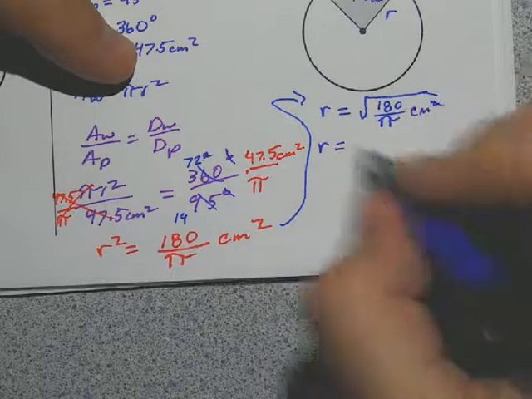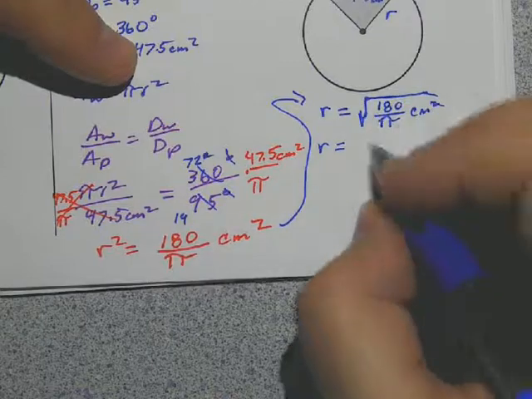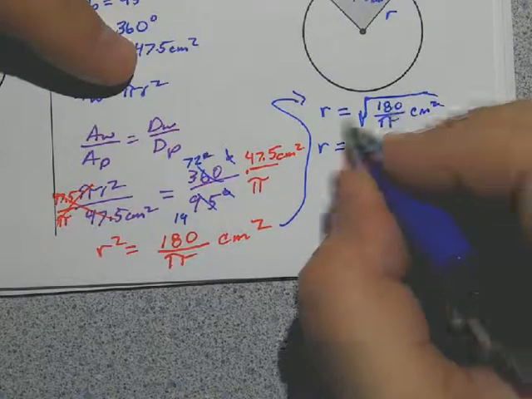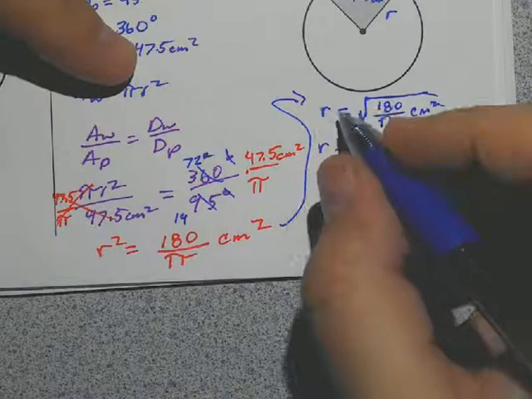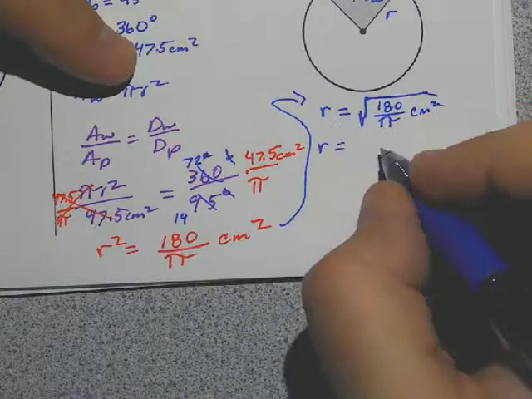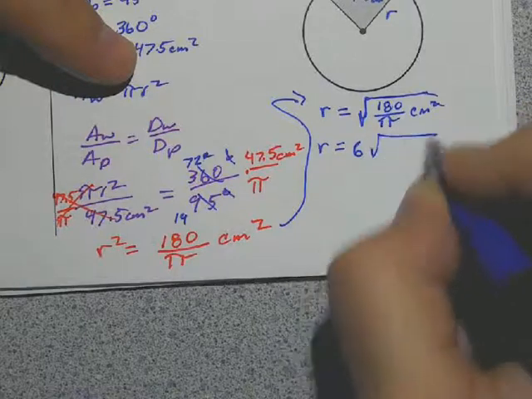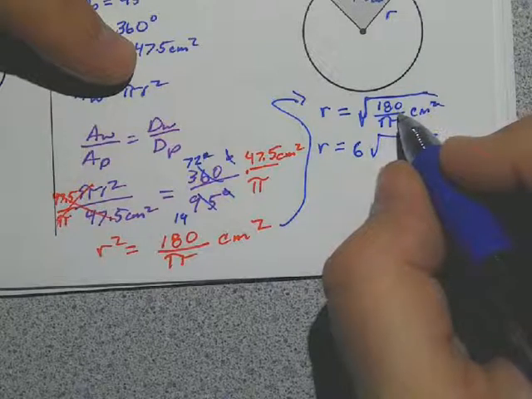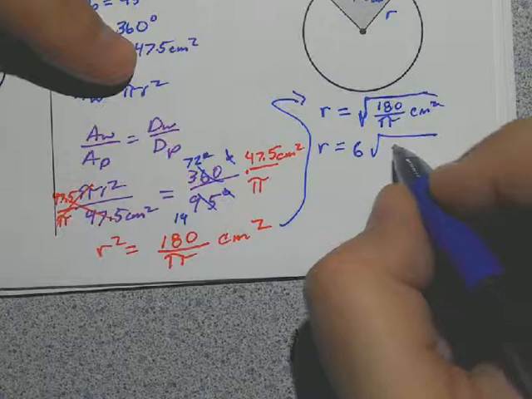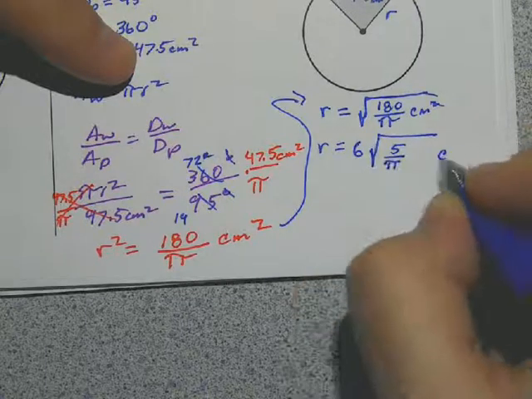So r equals the square root of 180 over pi, which, take the 9, that's 9 times 20. Take the 4 out, and then that's 6 square roots of 5 over pi, and that's centimeters.